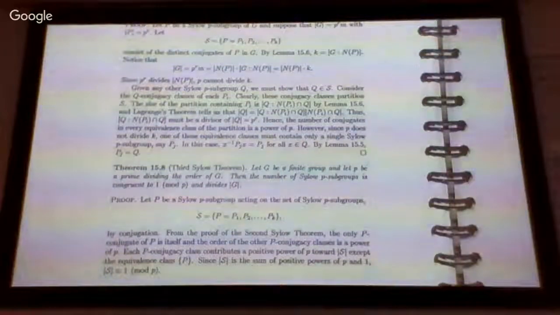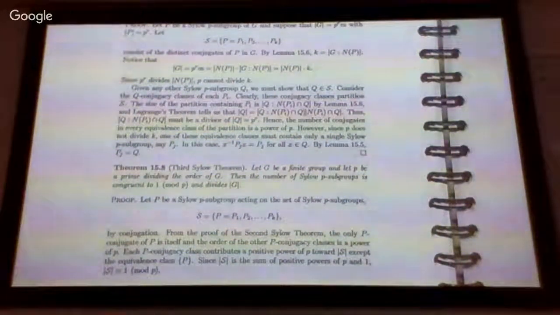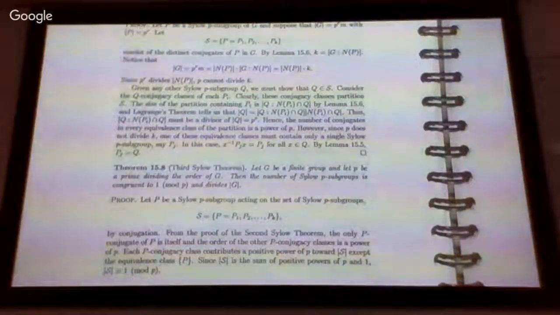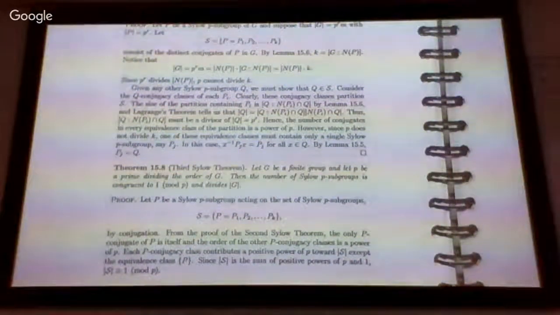Given H and K, two Sylow P subgroups, you can find an element from the group such that if you conjugate H, you get K. They're all conjugate to one another. This relation of being conjugate to one another, which might hold among subgroups, is an equivalence relation. So it's going to be symmetric, transitive.